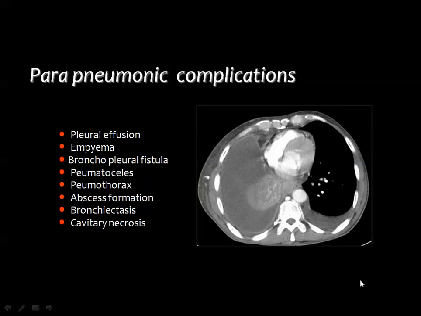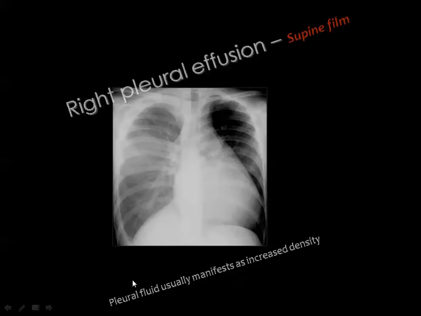Then there are a lot of complications associated with pneumonia, starting by the parapneumonic effusion, then the empyema, the bronchopleural fistula, pneumatoceles, pneumothorax, abscess formation, bronchiectasis, and finally what is known as the cavitary necrosis complicating pneumonia.